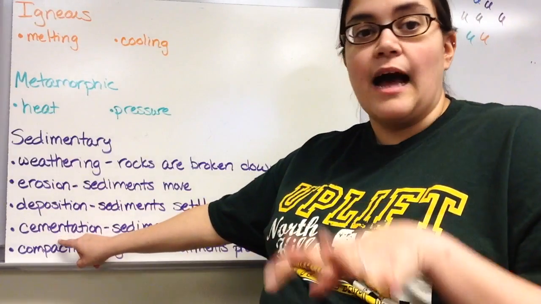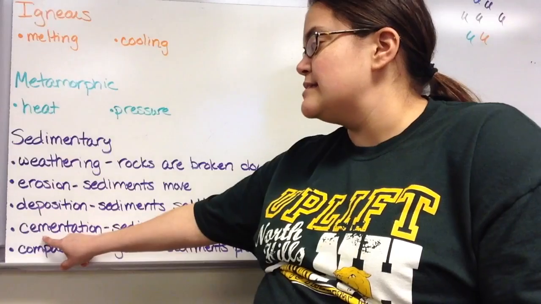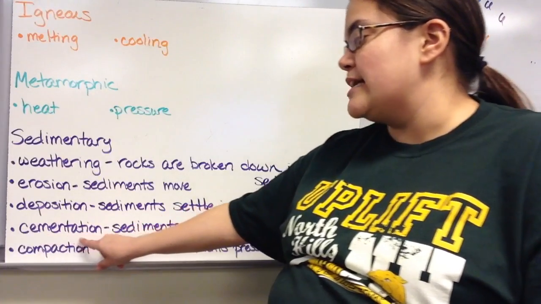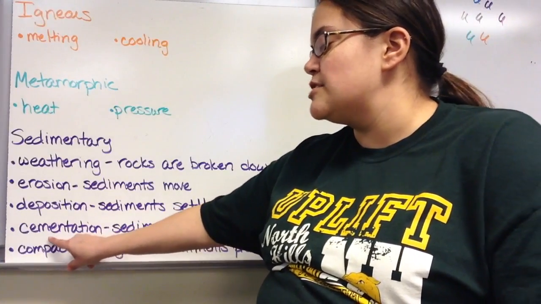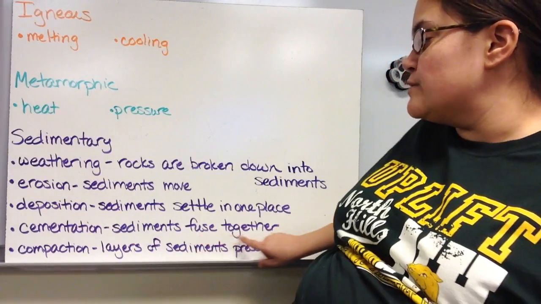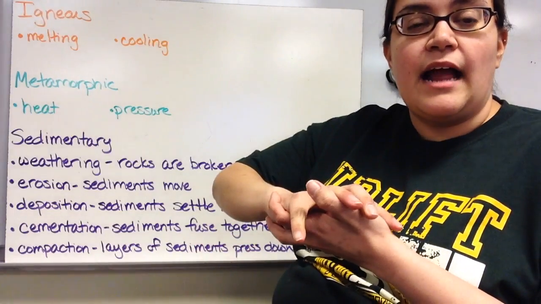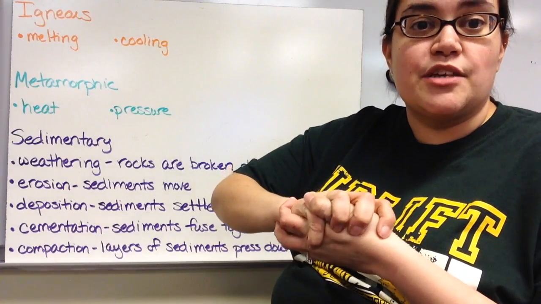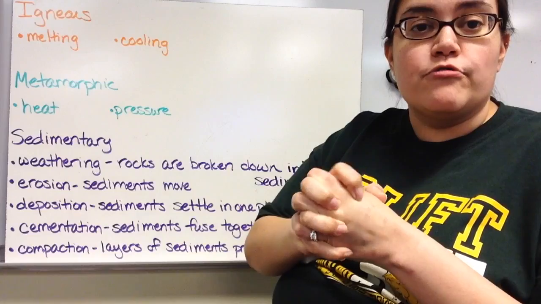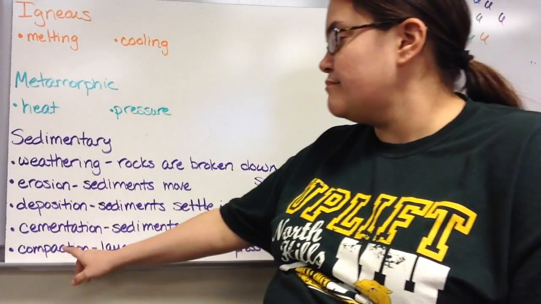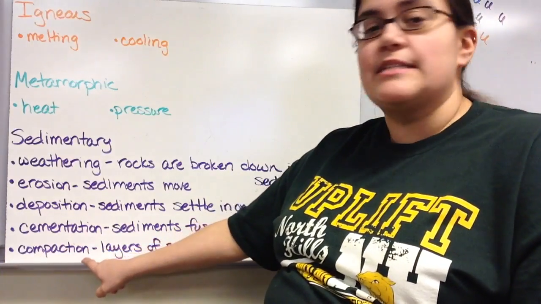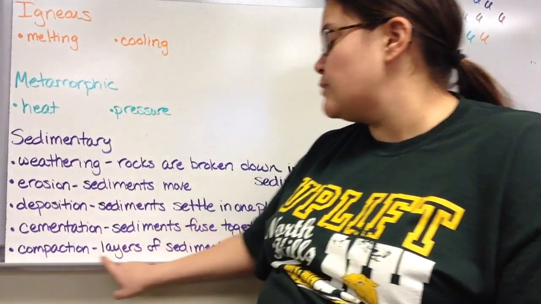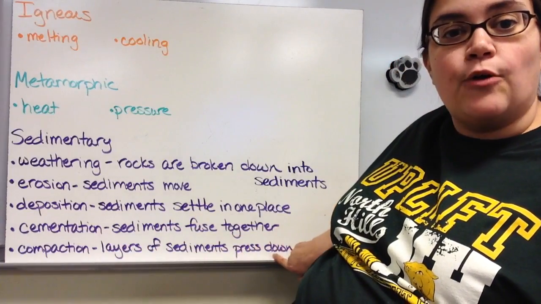After these sediments stop and settle in one spot, they are then cemented, or cementation. Cementation is when the sediments fuse together. So they sit there, and over time, they start to kind of attach to each other. So they become very fused together. And then the last step for sedimentary is compaction. And this is when layers of sediments press down on each other.